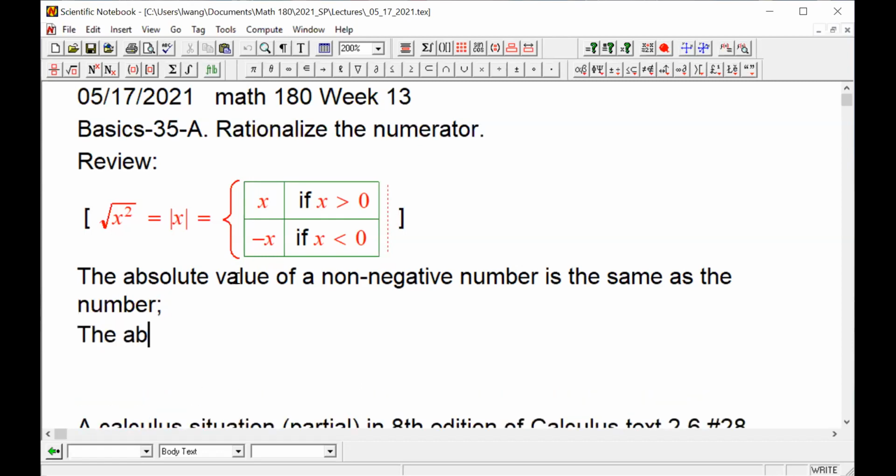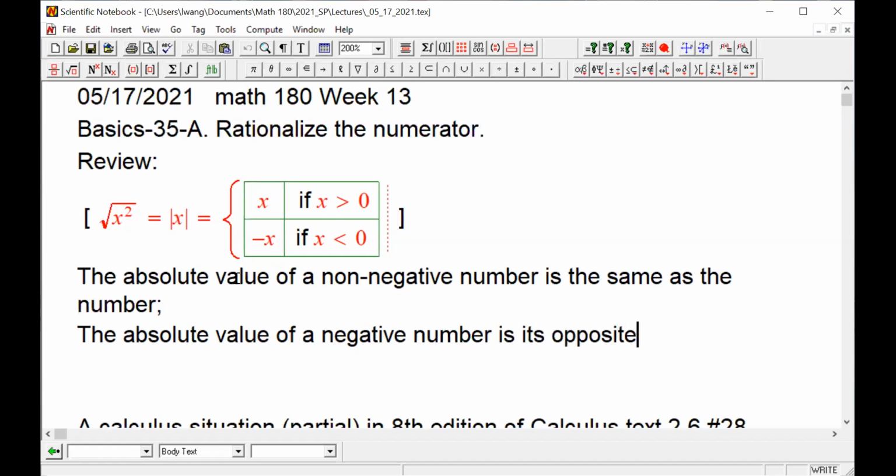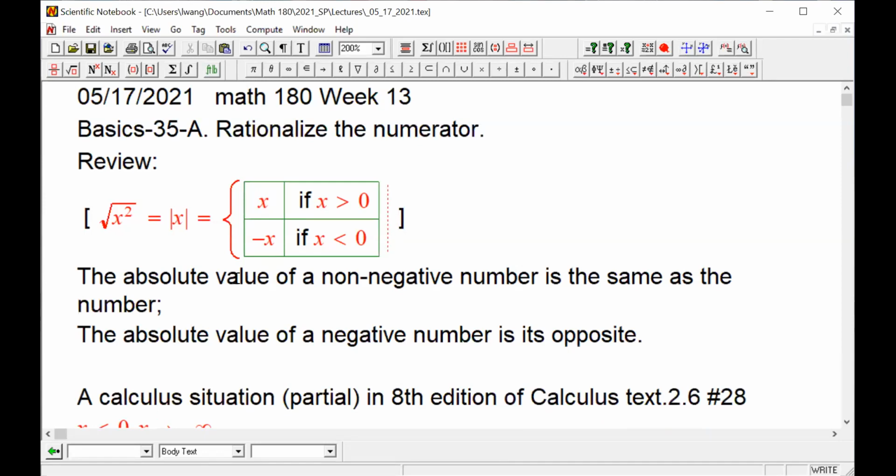The absolute value of a negative number is its opposite. We introduced these at the beginning of the semester, right? Now we're in week 13, and somehow they pop up again.